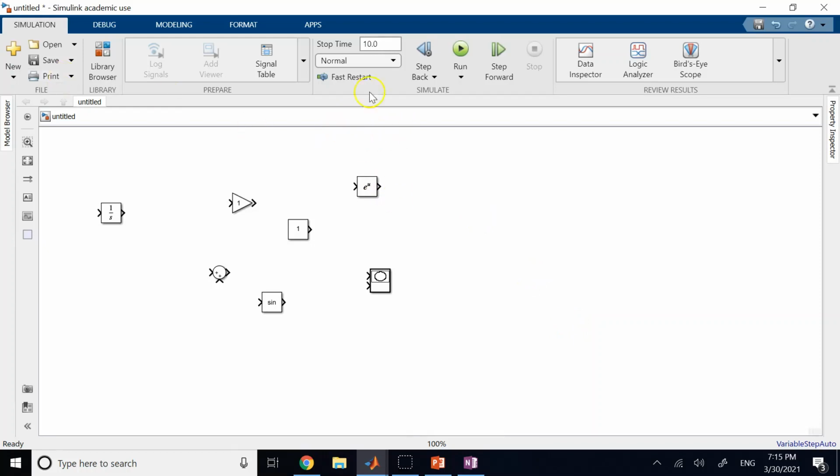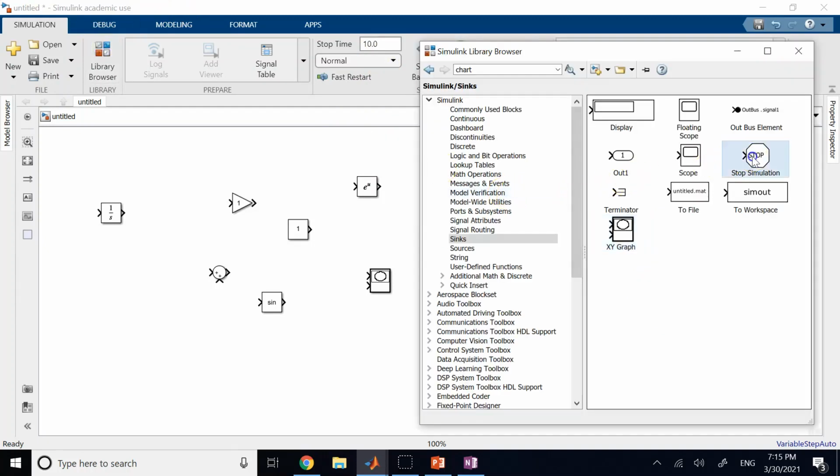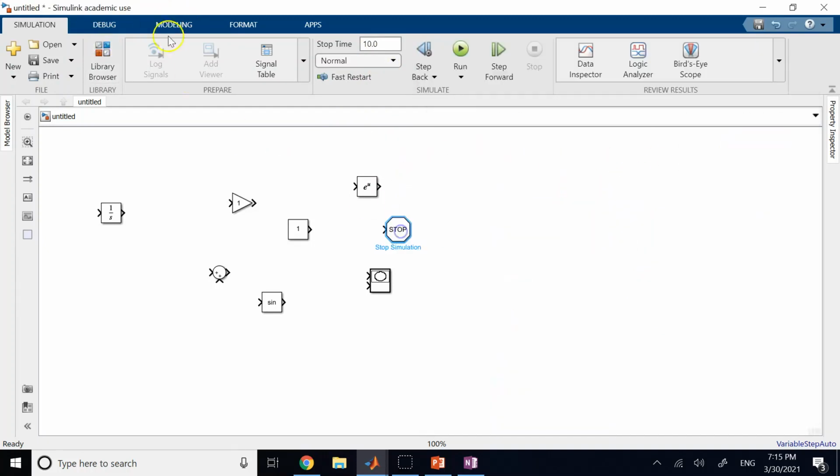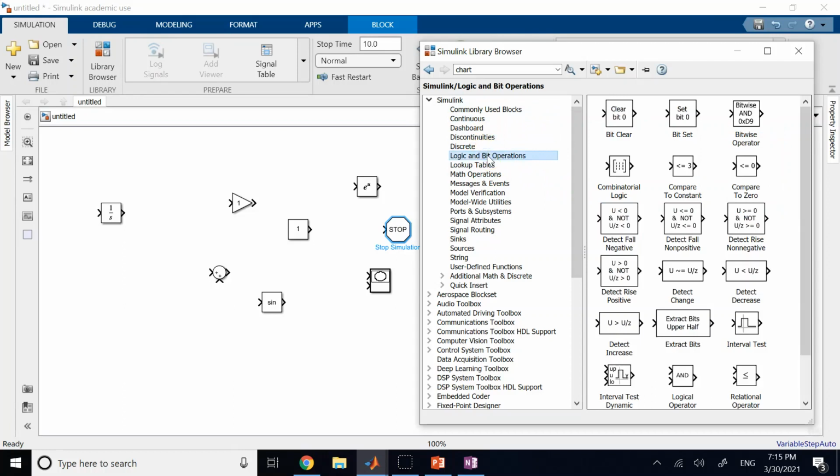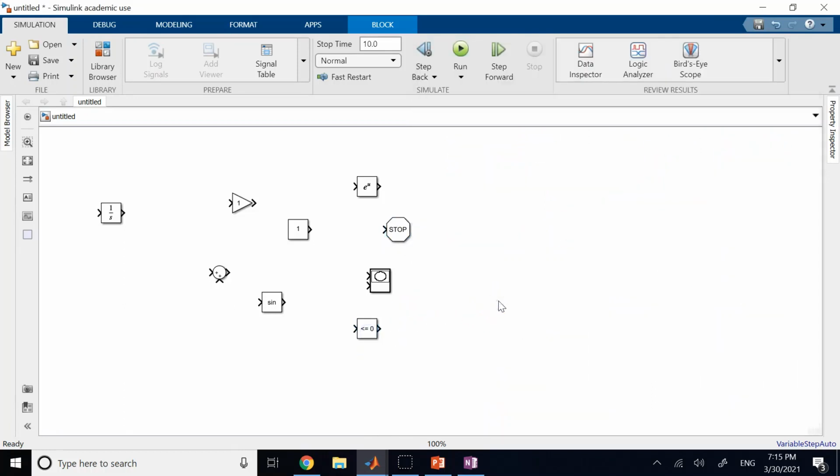So I need to have a mechanism to stop the simulation once the projectile hits the ground. And for that, I need the stop simulation block, and I also need a comparison, which you can find under logic. And that will help me run this whole thing.